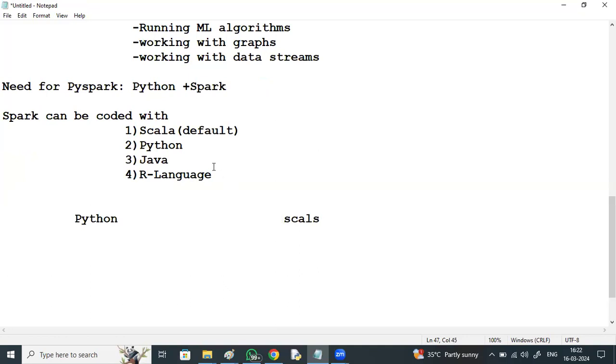The Spark functionalities, Spark-related APIs and functions, are going to be the same in all the languages. Spark fundamentals like the Spark API and Spark functions will be the same.